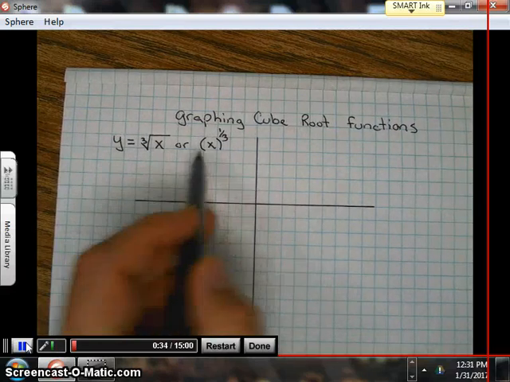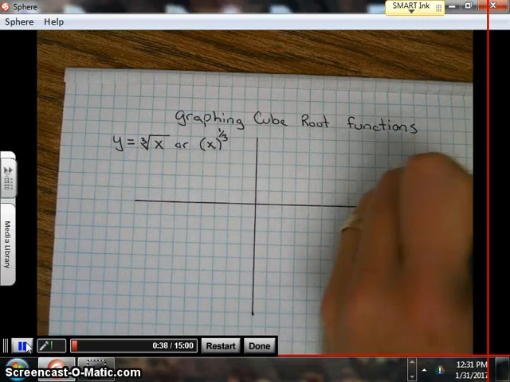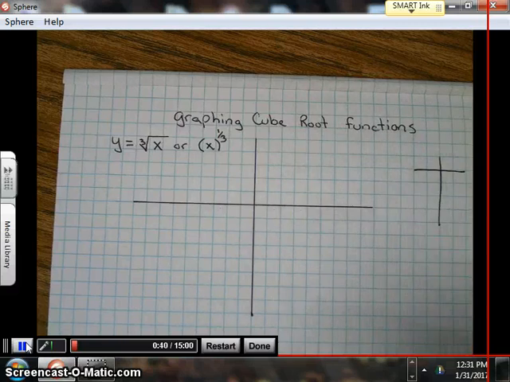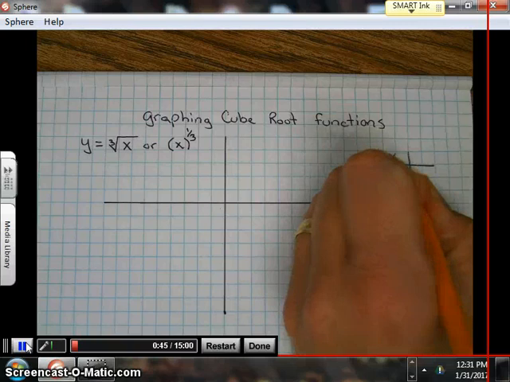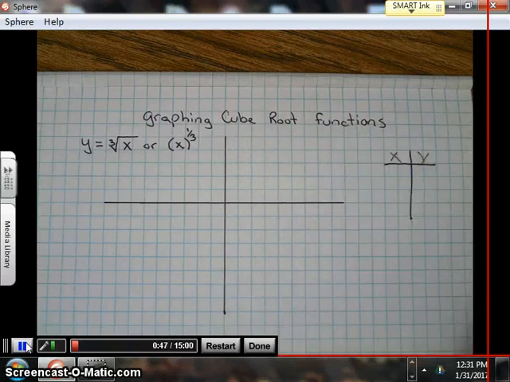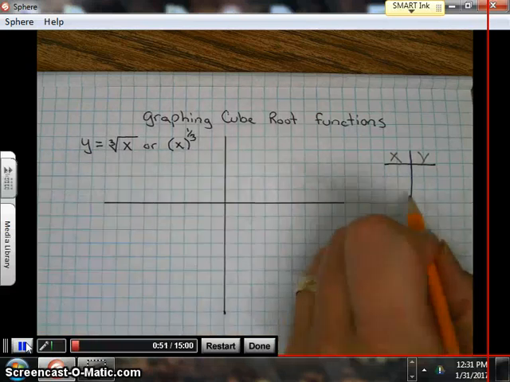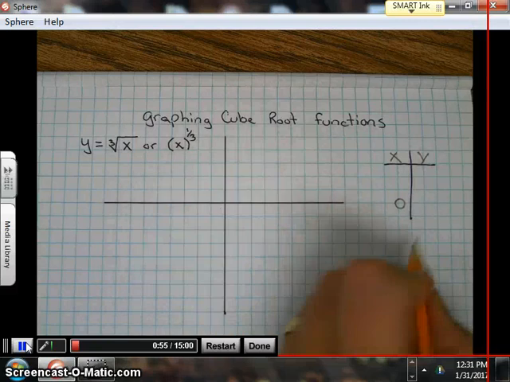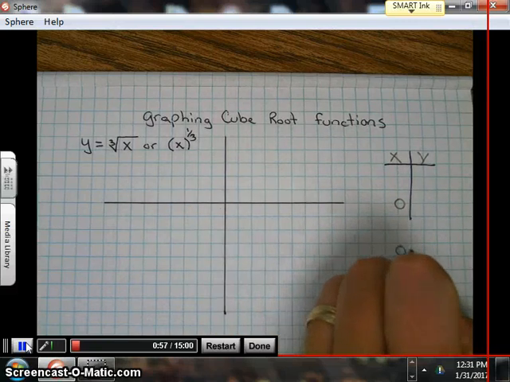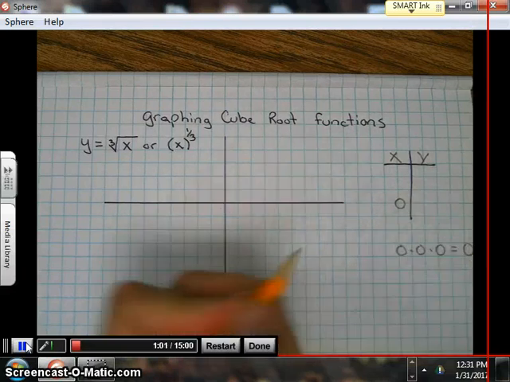So to graph this, let's go ahead and make a table. I'm going to choose some perfect cubes. So one perfect cube is going to be 0, because 0 times 0 times 0 equals 0.